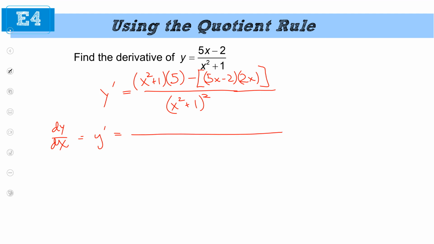Big honking fraction bar, 5x squared plus 5 minus 10x squared plus 4x, all over x squared plus 1 quantity squared.